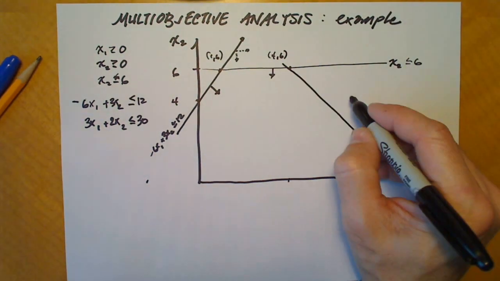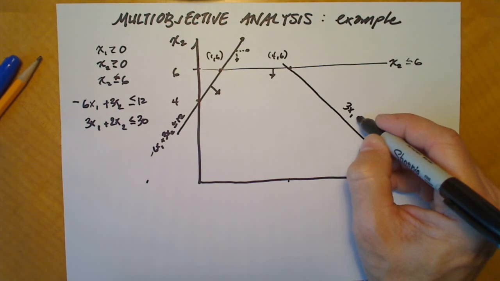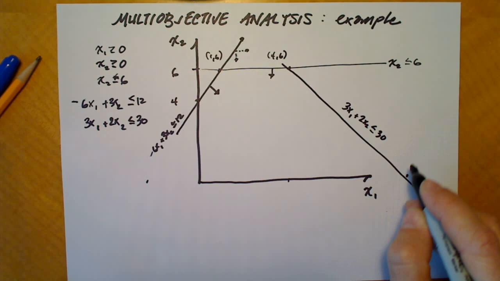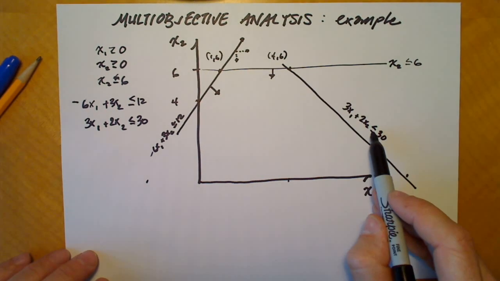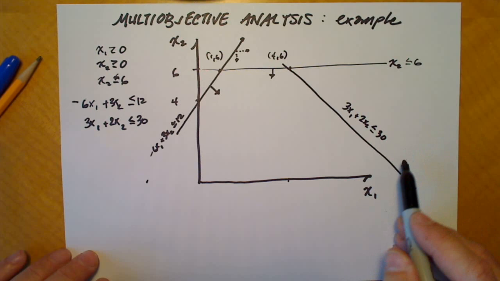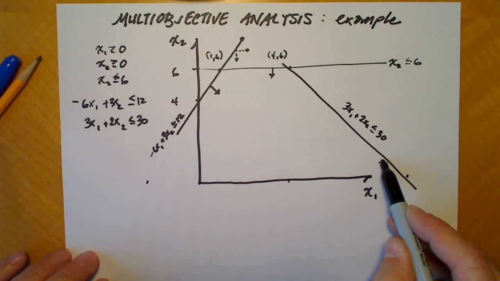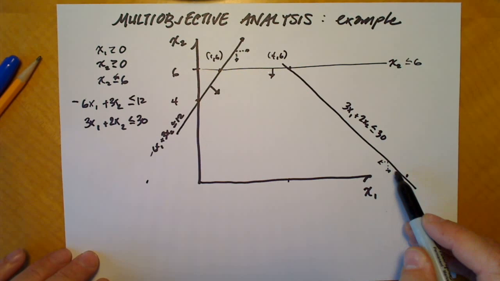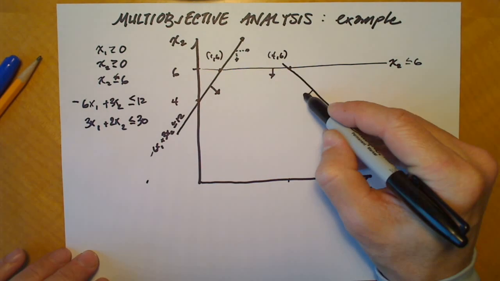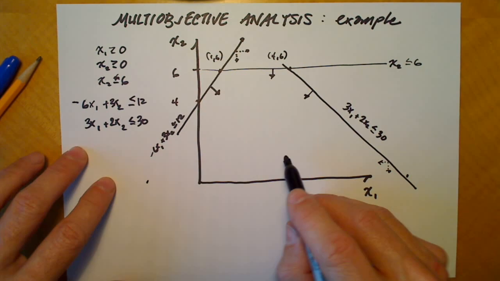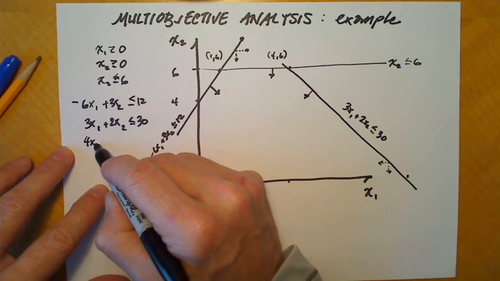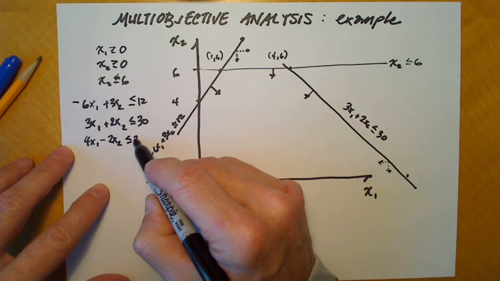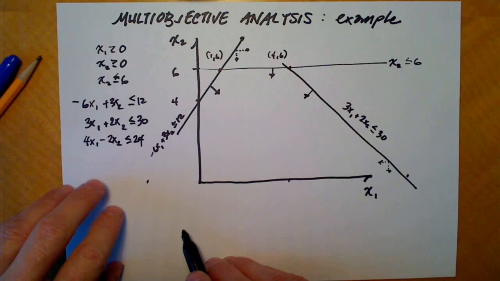This is the 3x1 plus 2x2 less than or equal to 30. Because this term is positive and we need to say less than or equal to, we're going to be to the left on the x1 and positive less than or equal to down with x2. Terrific. We can do a few more. 4x1 minus 2x2 less than or equal to 24.